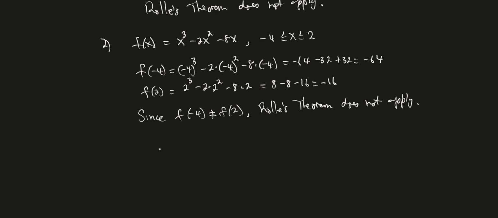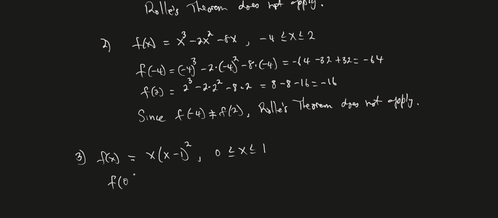All right, let's try another one. Let's take a look at number 3. So let's say our function is x times x minus 1 squared, and let's say the interval now is from 0 to 1. All right. Well, again, let's check our endpoints because those are probably the easiest things to check, right?